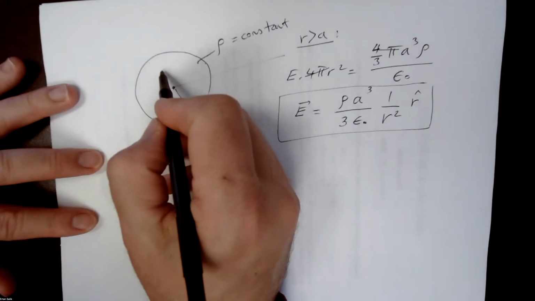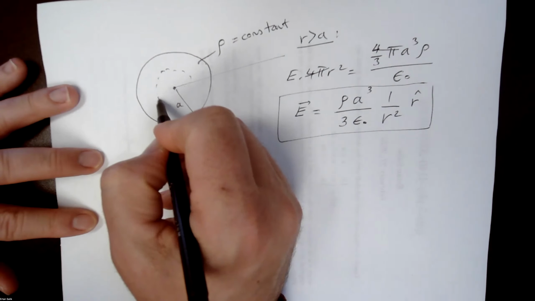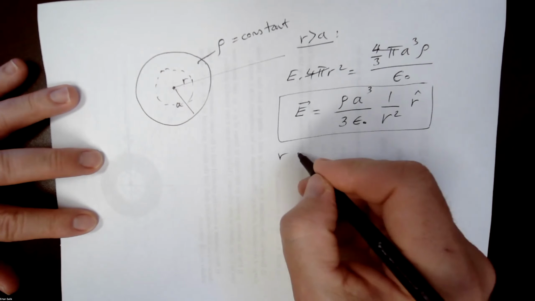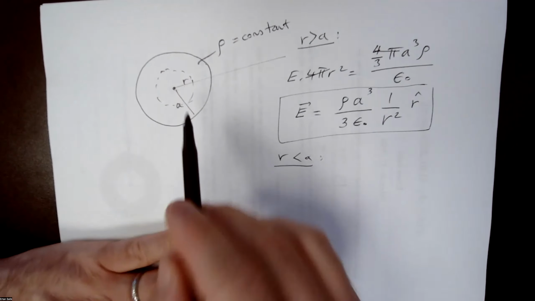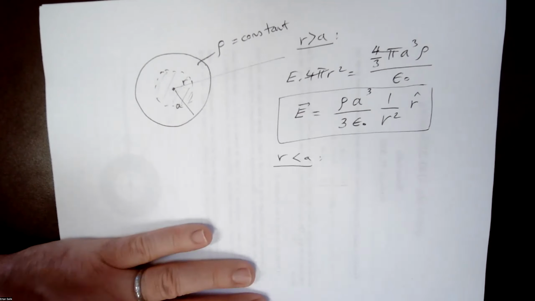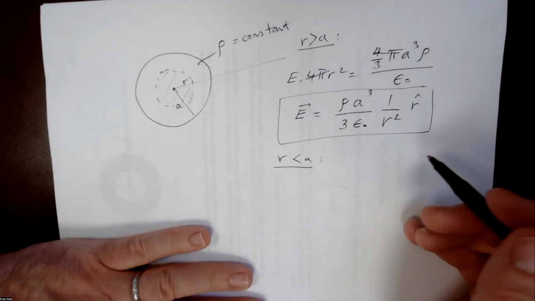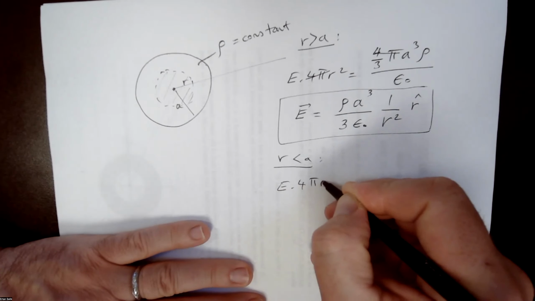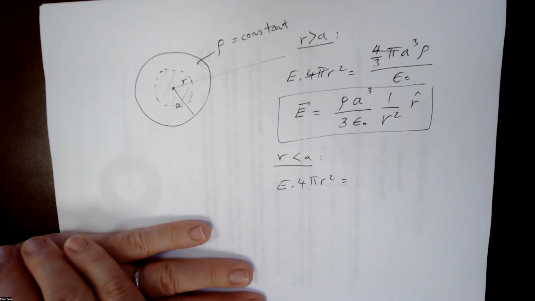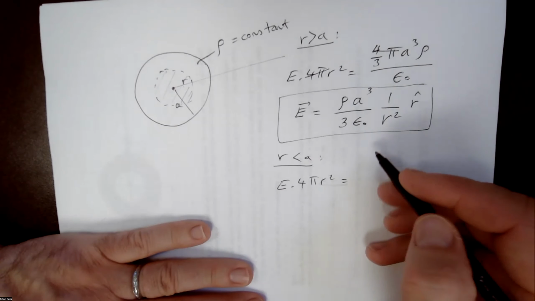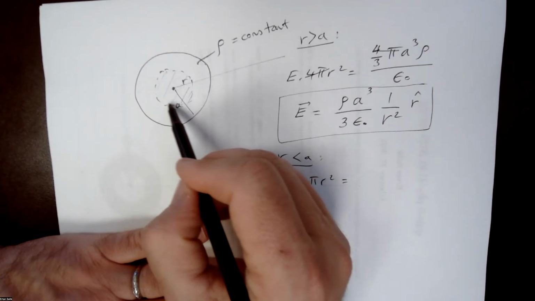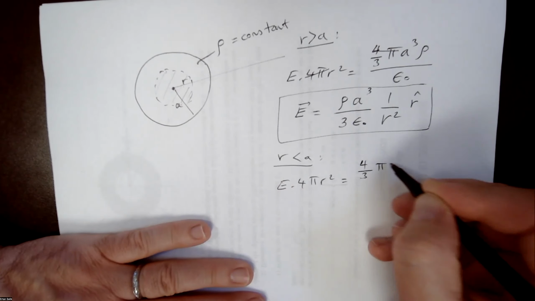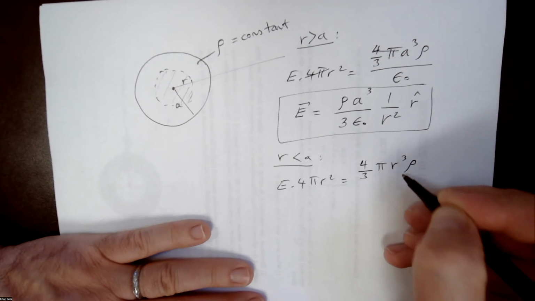When it is inside, we're going to pick a Gaussian surface of radius r less than a. If it is less than a, only the charge within the Gaussian surface will be included. So the left-hand side will look similar, E 4 pi r squared. Right-hand side, then I need to take the volume of this, which is going to be 4/3 pi r cubed multiplied by rho.